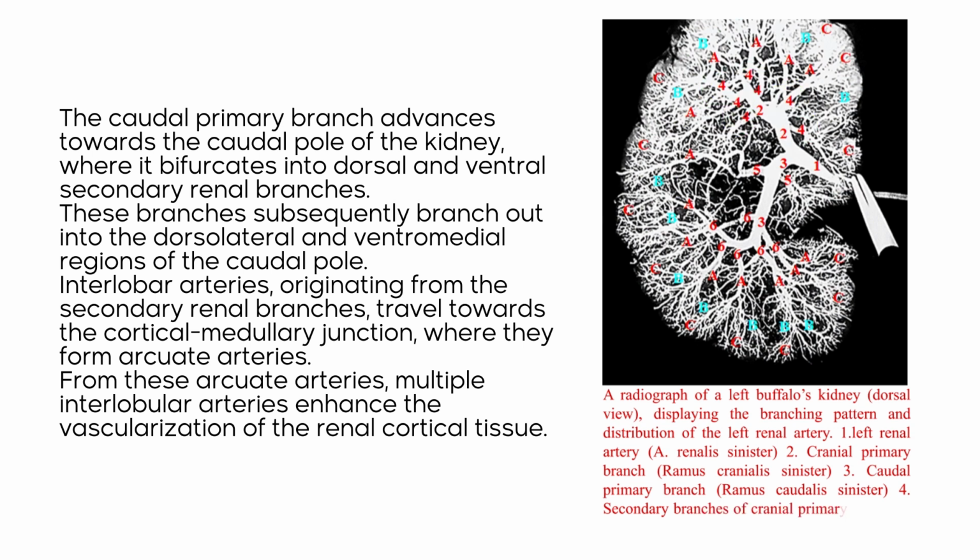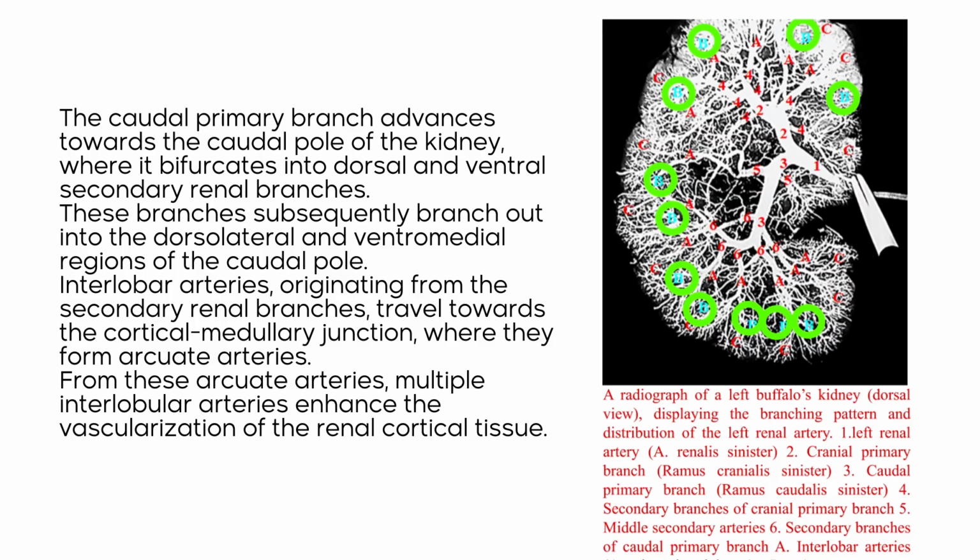Secondary branches of cranial primary branch. 5. Middle secondary arteries. 6. Secondary branches of caudal primary branch. A. Interlobar arteries, arteriae interlobares. B. Arcuate arteries, arteriae arcuatae. C. Interlobular arteries, arteriae interlobulares.